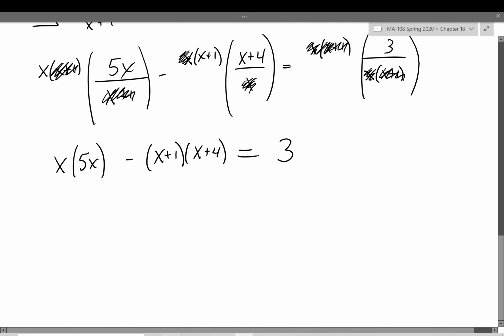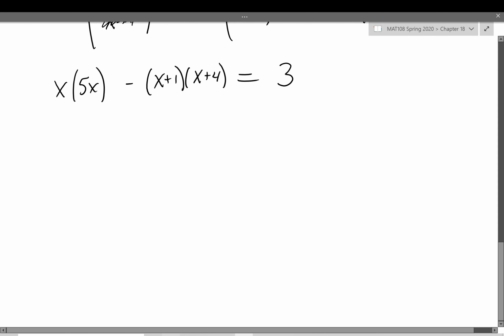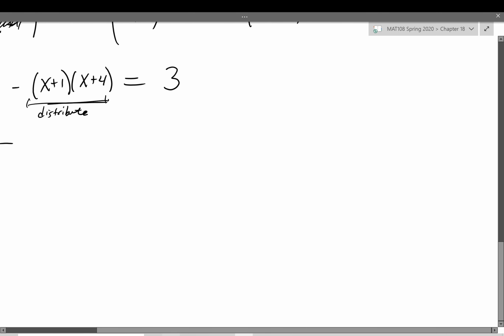So now let's move from left to right, simplifying. We get x times 5x, which is 5x squared, minus, well, it looks like we need to distribute. So I'll come over here to my little piece of scratch paper and put the x plus 1 times the x plus 4.